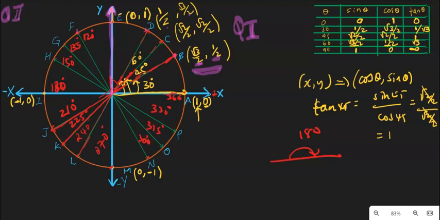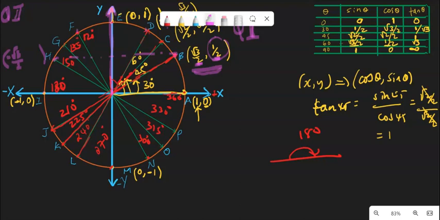So the positive y-axis values remain the same, both in magnitude and sign, but the x values will be changing its sign. That means if you mirror this value into point H, the x value will be minus √3 divided by 2.